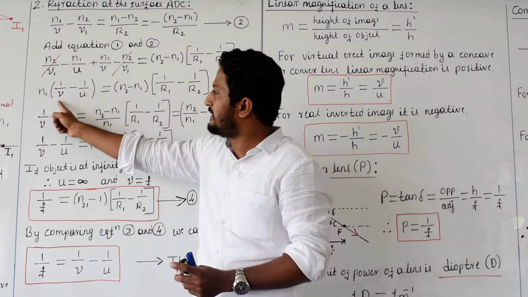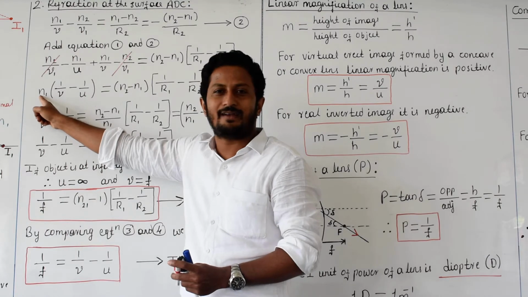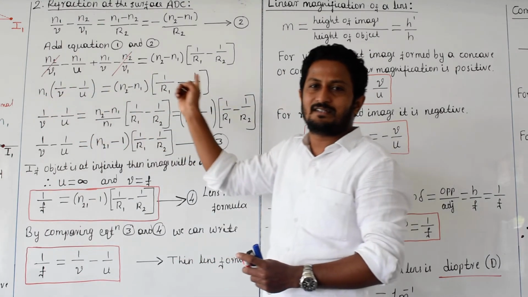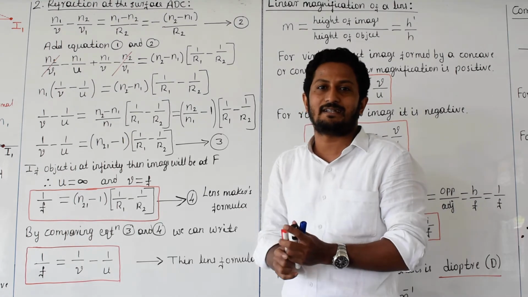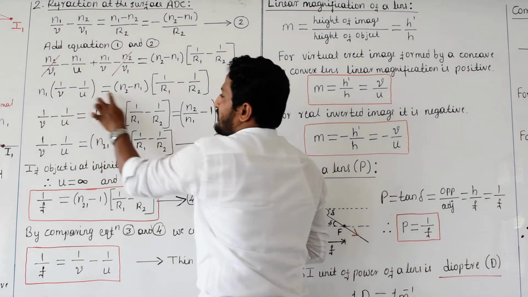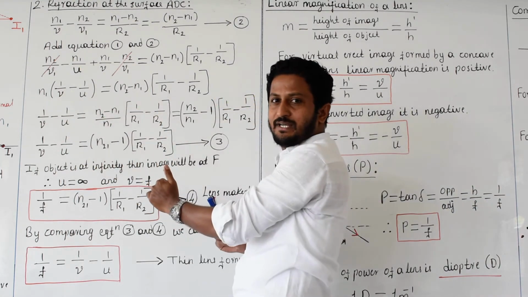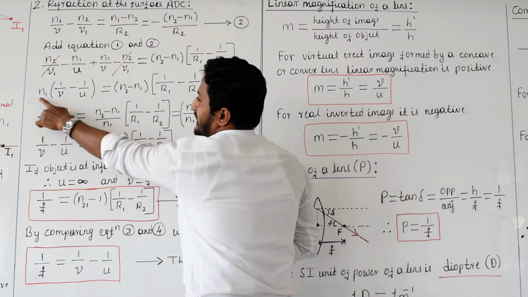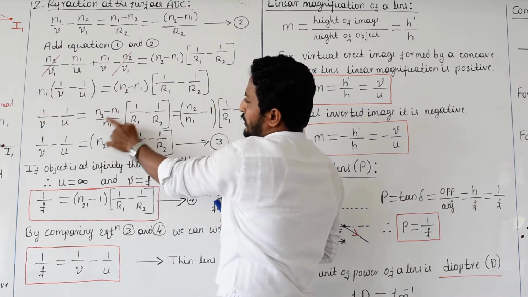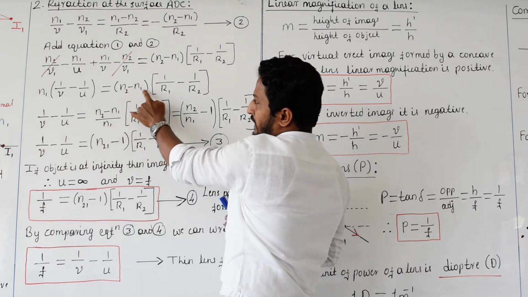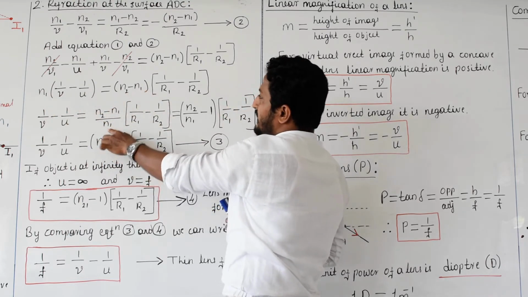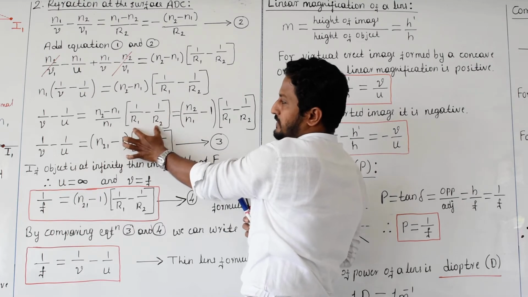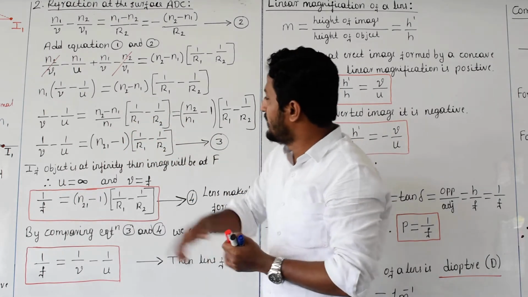Here it is in the numerator; when you send it to that side, it will come into the denominator. So I have taken this n1 below, n2 minus n1 divided by n1, and the equation as usual. Have you understood what I meant? Now look here.